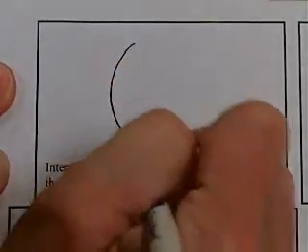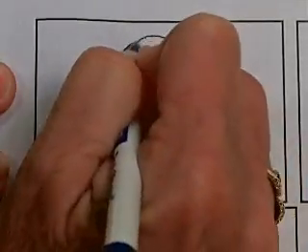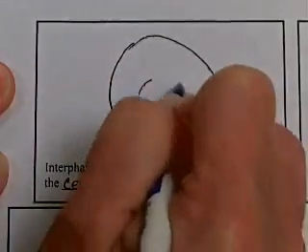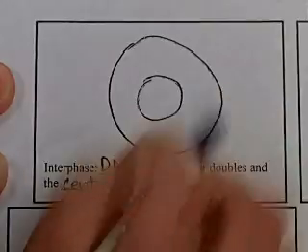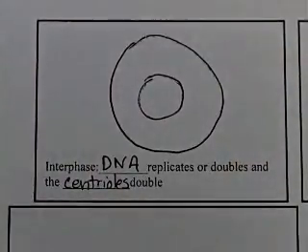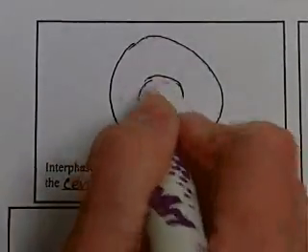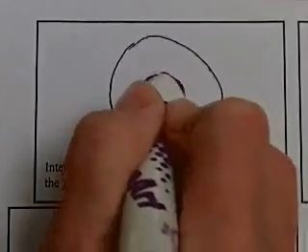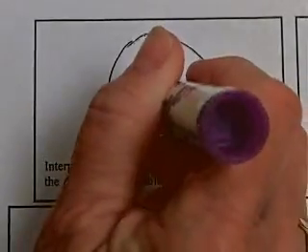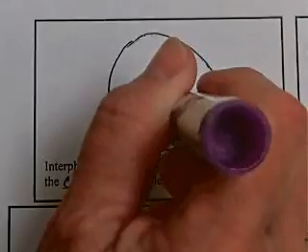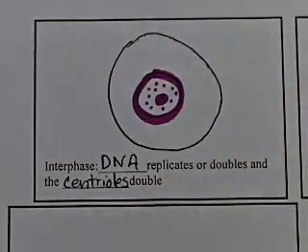So let me draw a nice round cell. I'm going to draw a nucleus. I'm going to draw a dark staining spot inside of my nucleus. And at this point, my DNA is all spread out and thin, so it's going to be chromatin. So I'm representing the chromatin, the DNA material, with a purple marker.